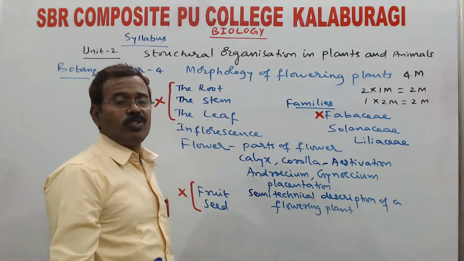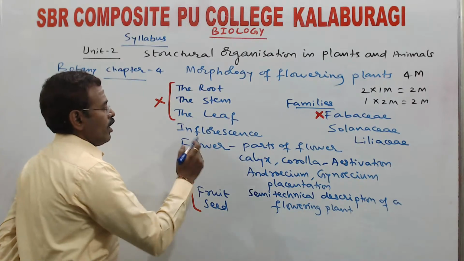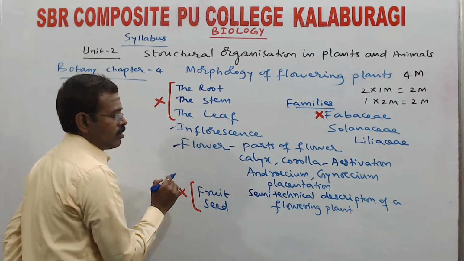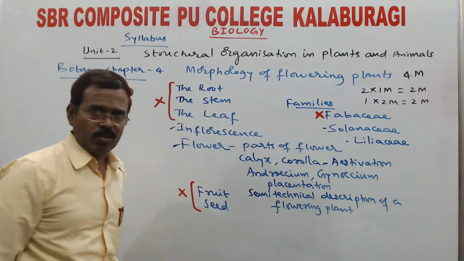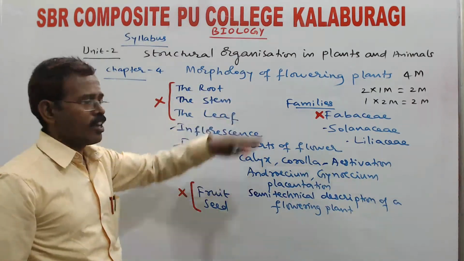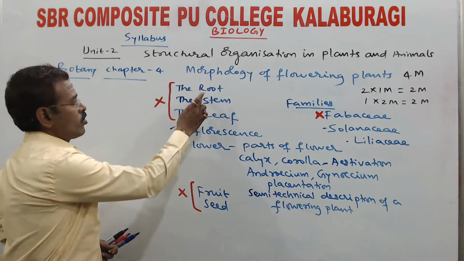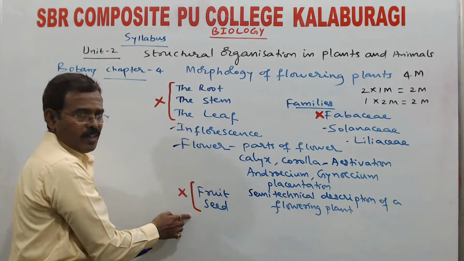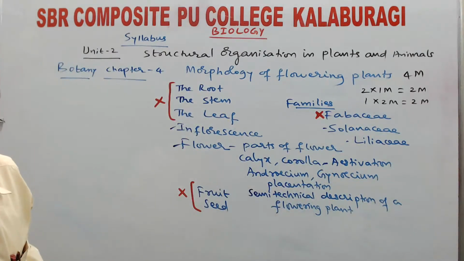So the concepts we have to learn in this chapter are inflorescence, flower, then Solanaceae, then Liliaceae. Root, stem, leaf, seed, and the family Fabaceae have been removed.